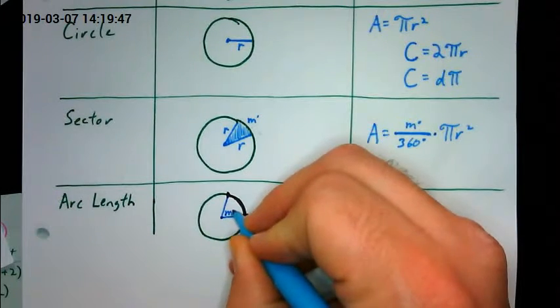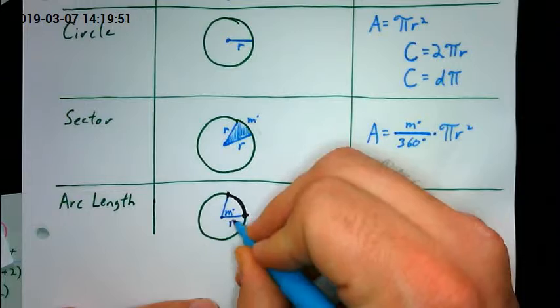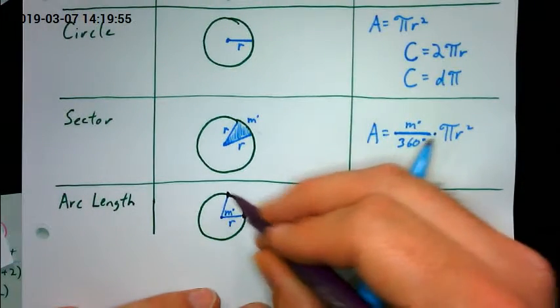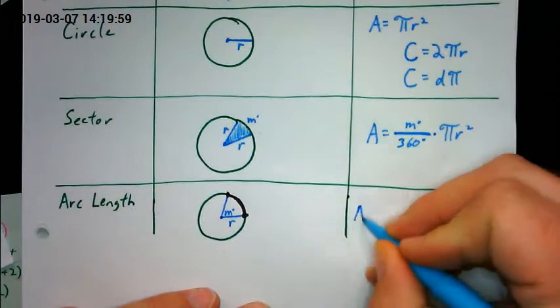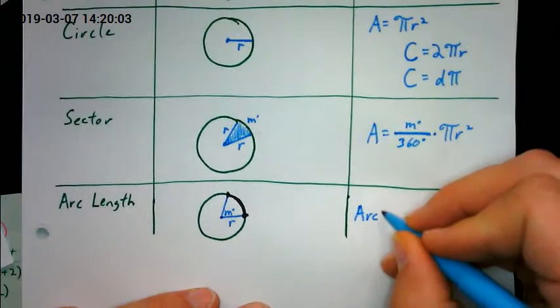So I'm going to put M in here this time. And now this length is found by doing something similar to what we just did in the last one.